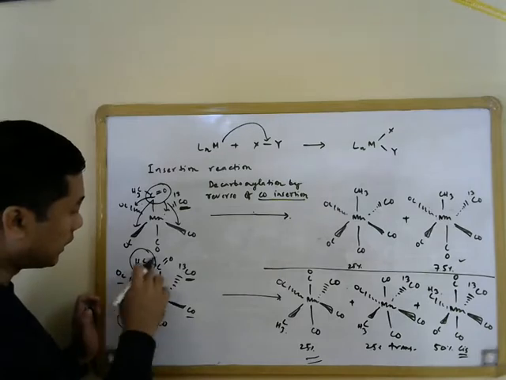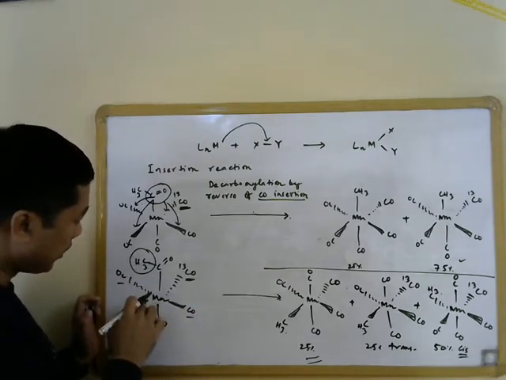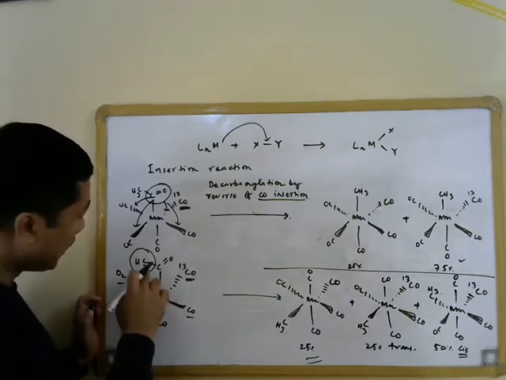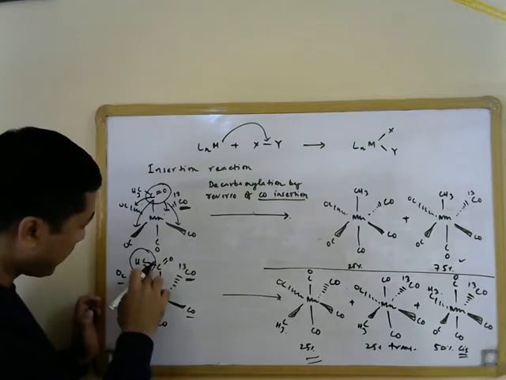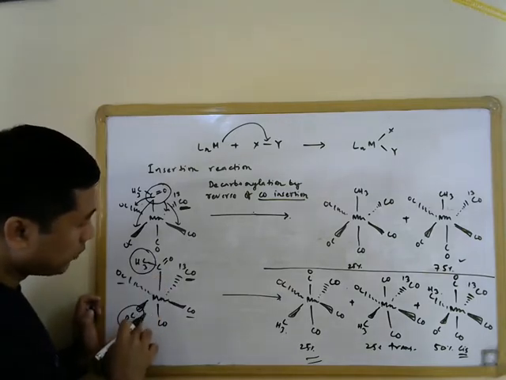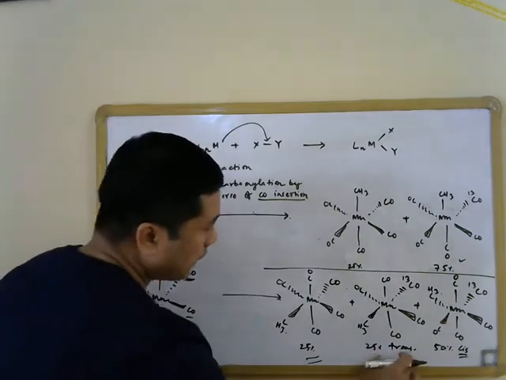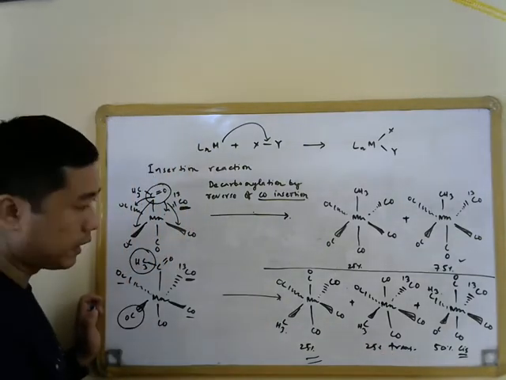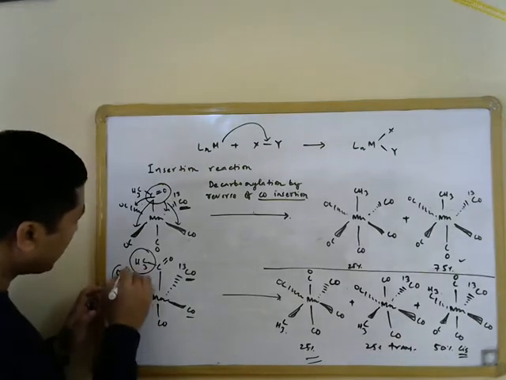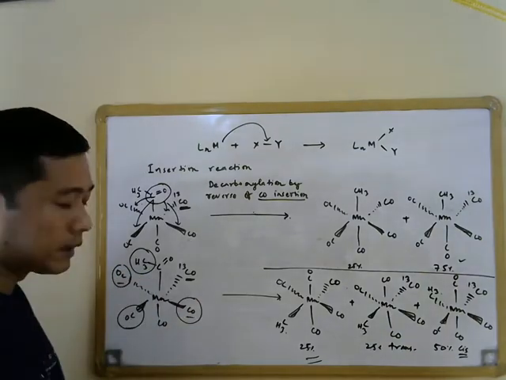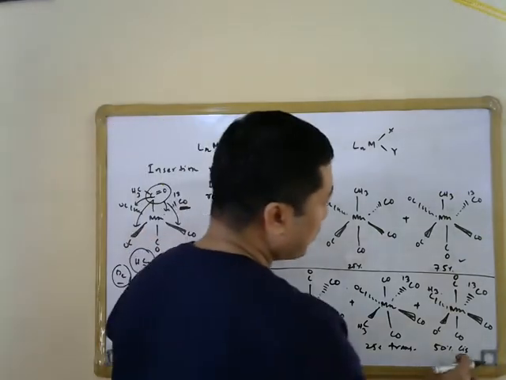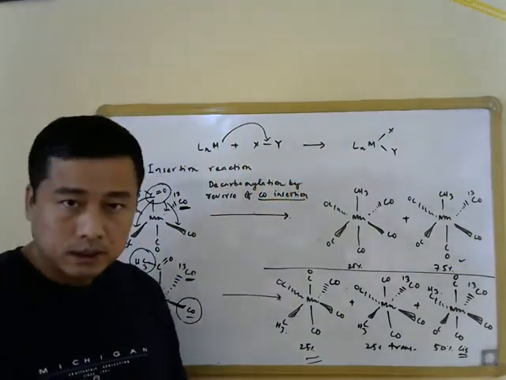Out of these 3 CO groups, there is only one CO group which is trans to this 13 CO group, and when this CO is replaced by the methyl group, we obtain this trans isomer, and that is why we obtain 25% of the product as the trans isomer. And then there are 2 CO groups which are cis to this 13 CO group, and that is why 50% of the product is obtained as the cis isomer.